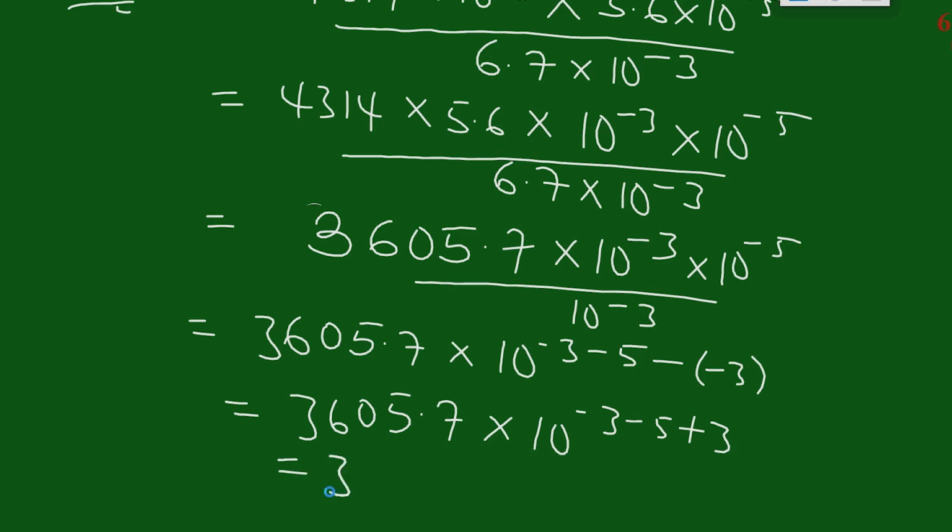So we have 3605.7 times 10 raised to the power of minus 3 minus 5, that would give us minus 8. Minus 8 plus 3, that would give us minus 5.